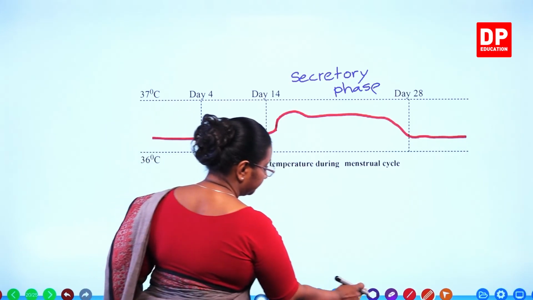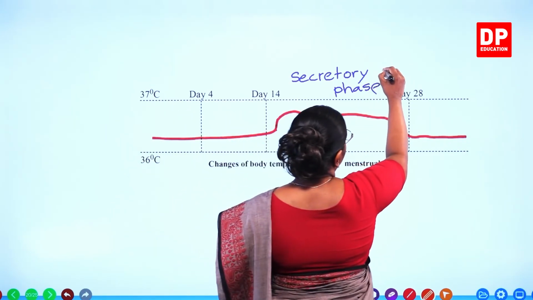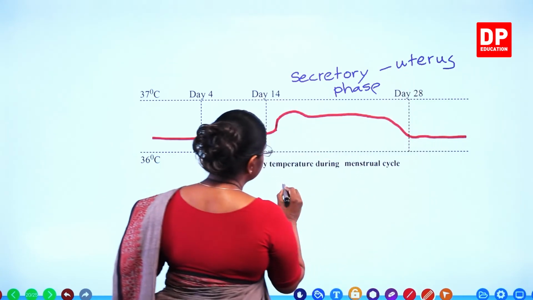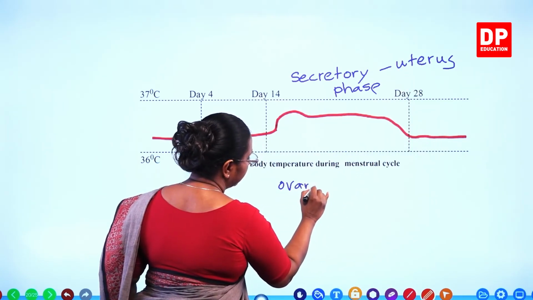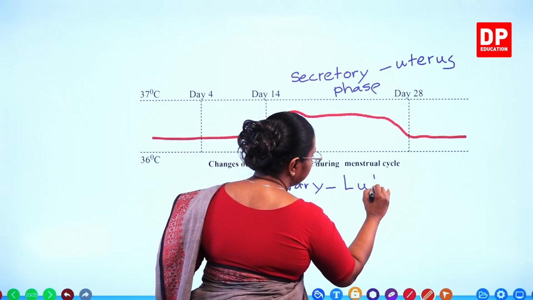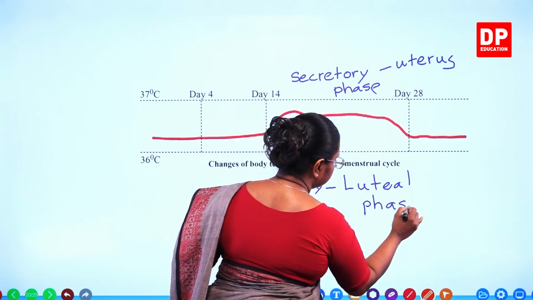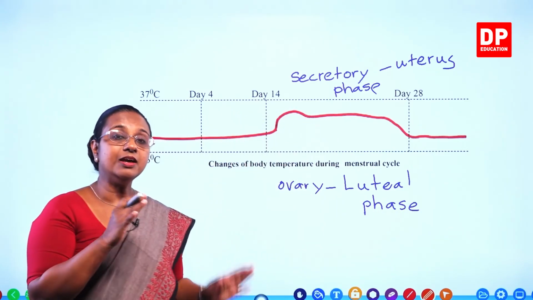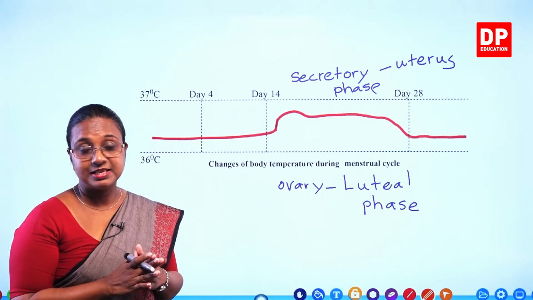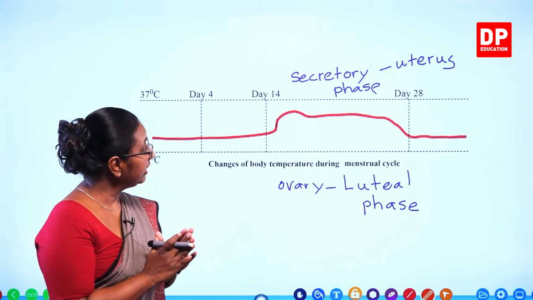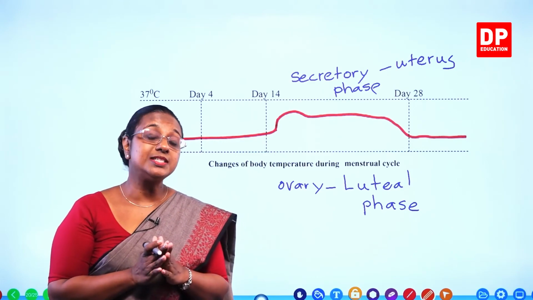In the uterus, it is the secretory phase, and inside the ovary, it is the luteal phase. So parallelly, all the changes are taking place. Is that clear to you all, students? So up to here is the menstrual cycle.